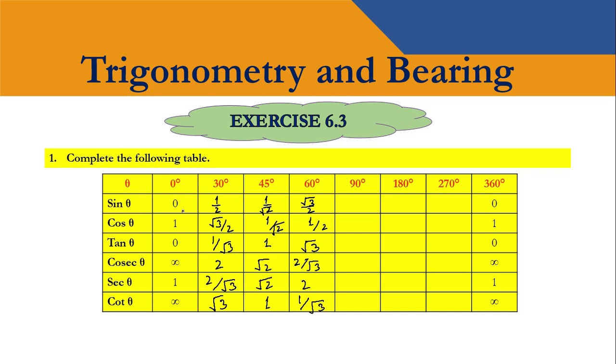If sine is 0 here, then it should be equal to 1 here. So if it is 0 at 0 degree, it should be 1 at 90 degree. It will be the opposite. And similarly the cos: if cos is 1 at 0 degree, then cos should be 0 at 90 degree. So tan theta equals y over x.